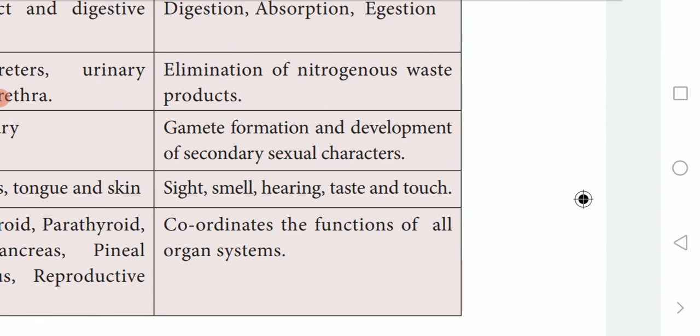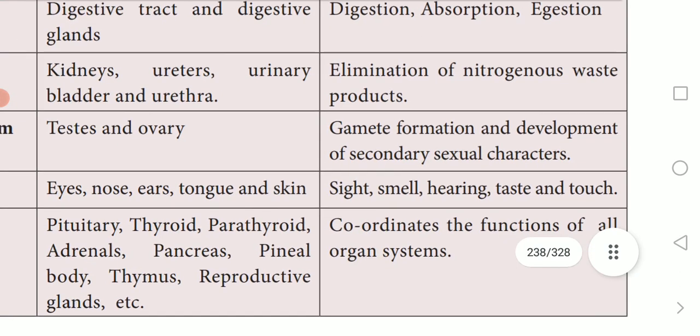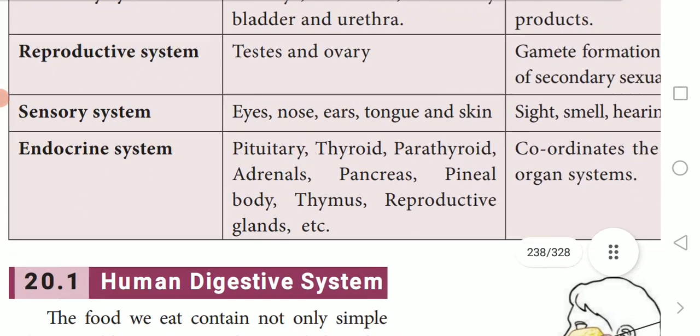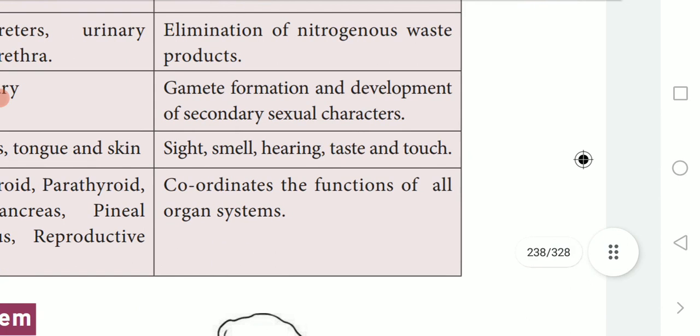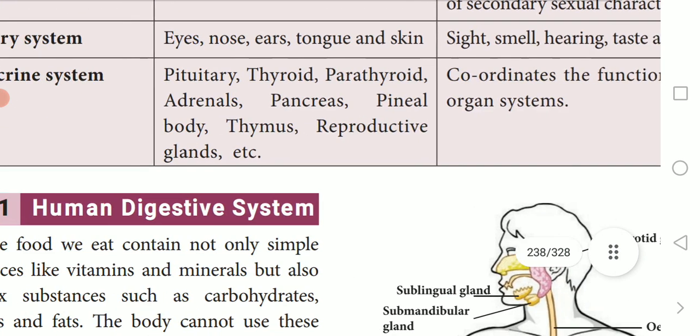The waste present in our blood will be sent out: urea, creatinine, ammonia, all these we call nitrogenous waste. Then the reproductive system: testes and ovary. Its use is gamete formation and development of secondary sexual characters.